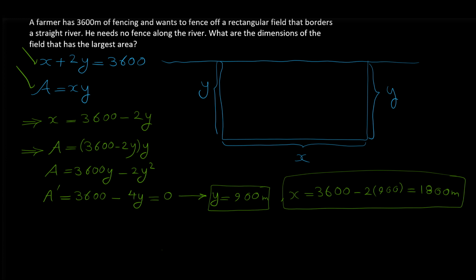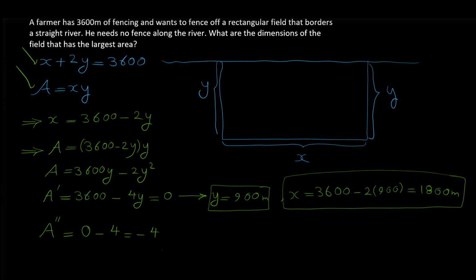Now let me show you how we can use the second derivative test to prove that 900 as a critical point makes the function maximum. First, we have to find A double prime, the second derivative of A. Derivative of 3600 is 0 and derivative of negative 4y is negative 4.